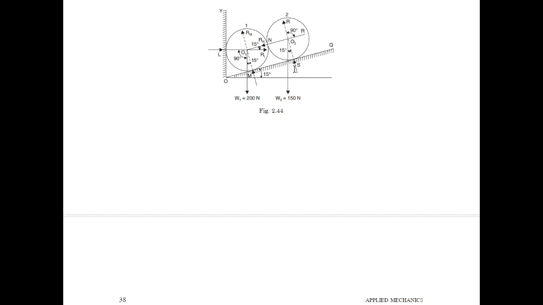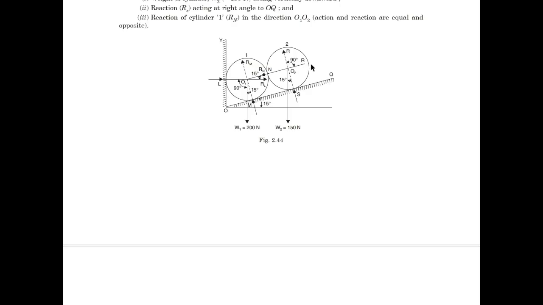The reaction at point S is coming here, but we will take it at the center point, moving upward, perpendicular to this plane, which is shown as R. We will take this reaction to be pointing in this direction, because this cylinder is being applied with the force towards the center O2.